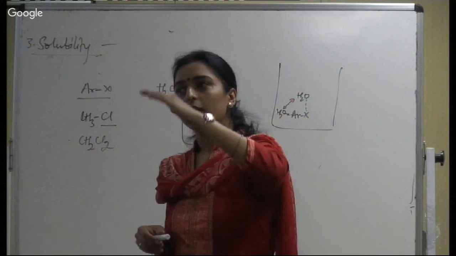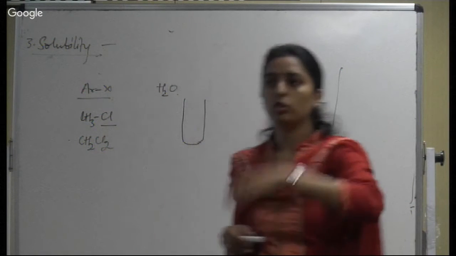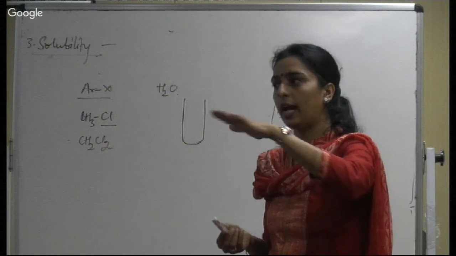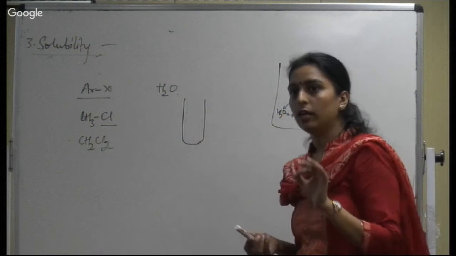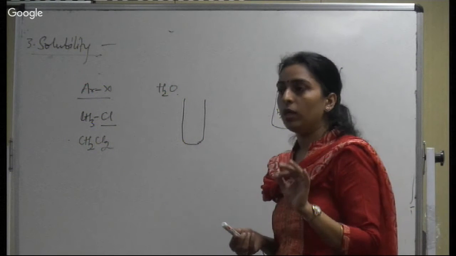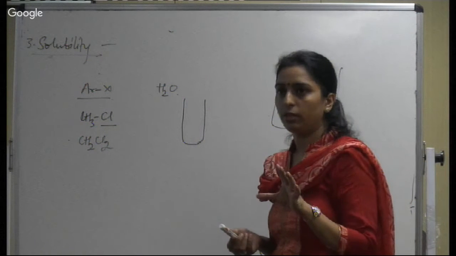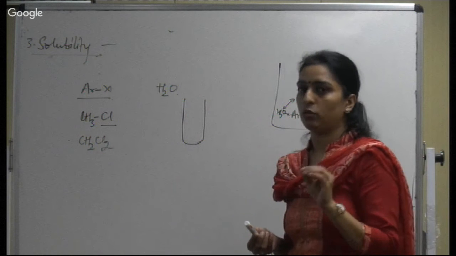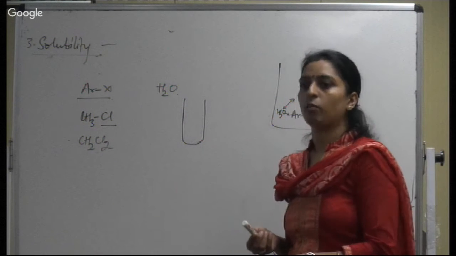So they will settle above the aqueous layer. Suppose you have a mixture of the two, so water will move to the bottom since they are insoluble, and alkyl halide will be at the top. But if you have a dihalogenated or polyhalogenated compound, or an aryl halide, both types of compounds would be denser than water. So they will settle at the bottom. Okay.